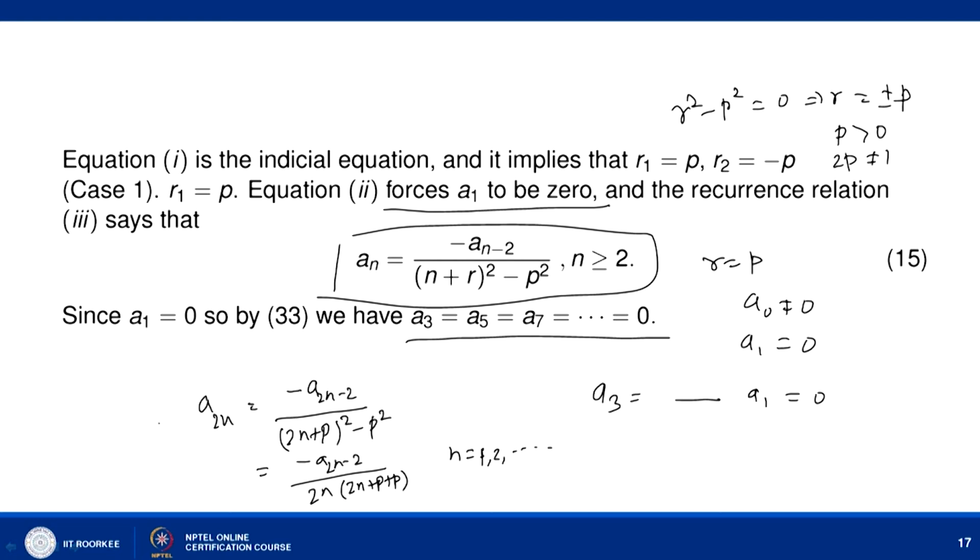So here, in place of n, we write 2n, and if you simplify this further, then a2n is going to be minus a of 2n minus 2, and 2 we can take out, 2 square n into (n plus p) you will get. So that is what we are using here.